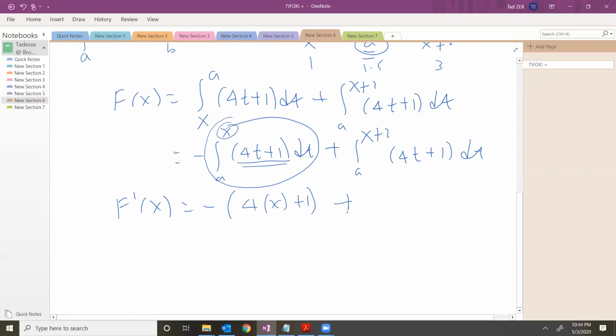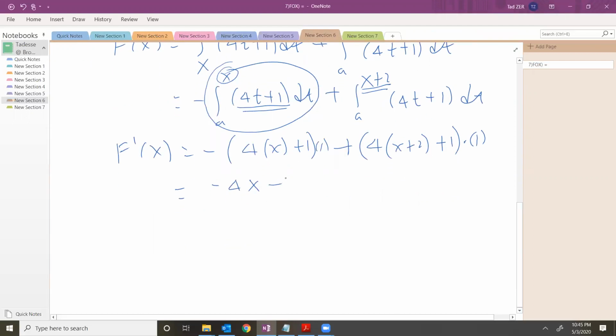Plus, the second one will be f evaluated at this, that's what my g of x is, which is 4(x plus 2) plus 1 times the derivative of x plus 2, which is 1. In this case also times the derivative of x, which is 1. That's it. So this is negative 4x minus 1 plus 4x plus 8 plus 1.